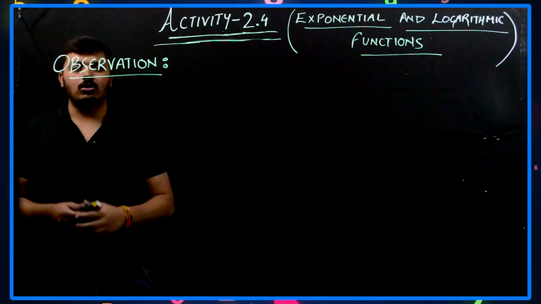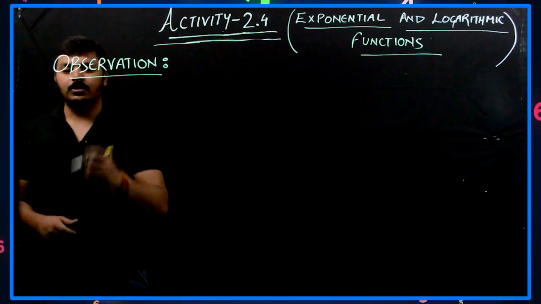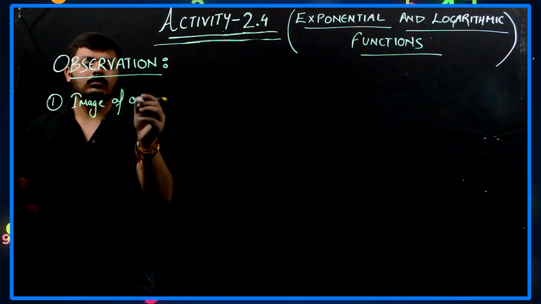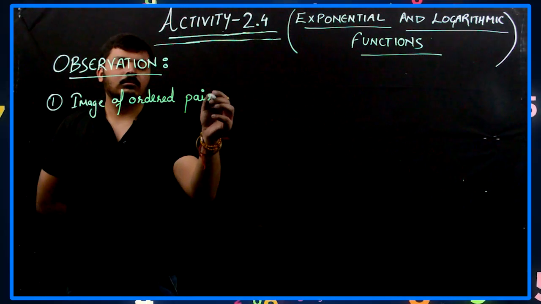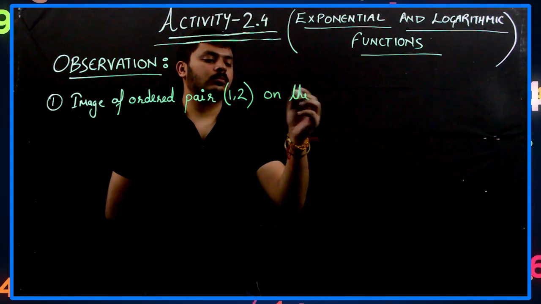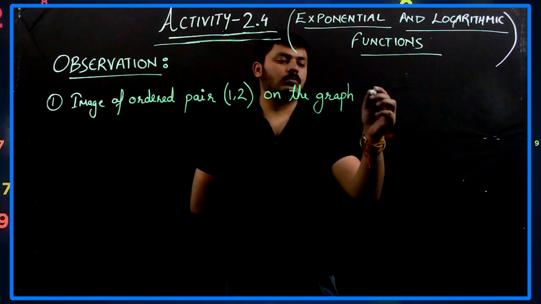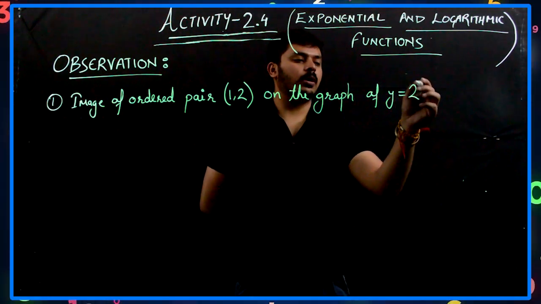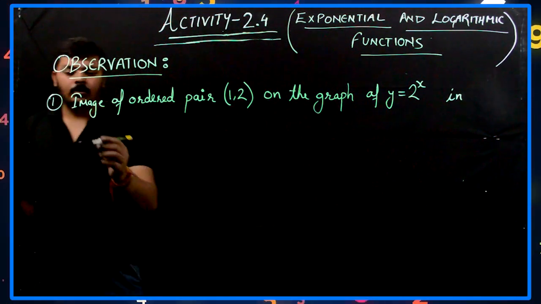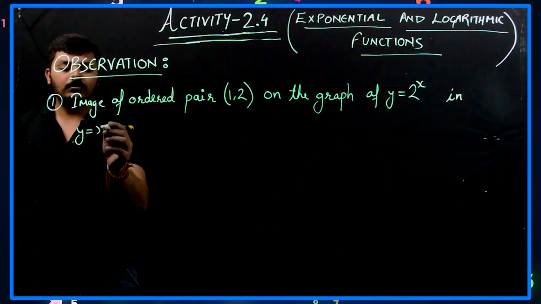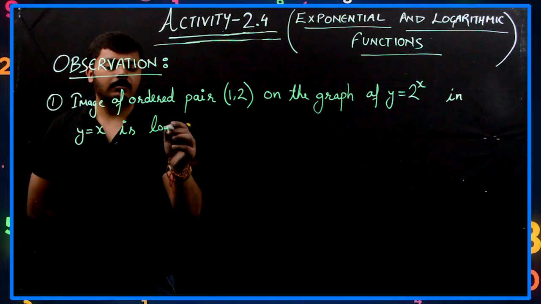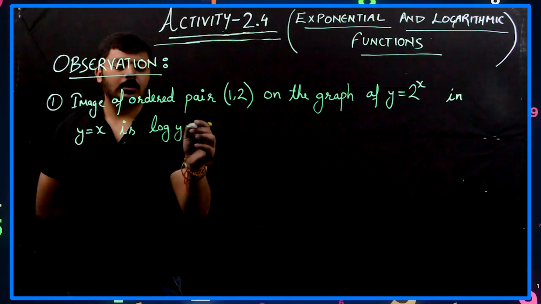So now let's move on to the observation for this activity. First, the image of the ordered pair (1, 2) on the graph of y equals to 2 to the power x in y equals to x is log y equals to 0.